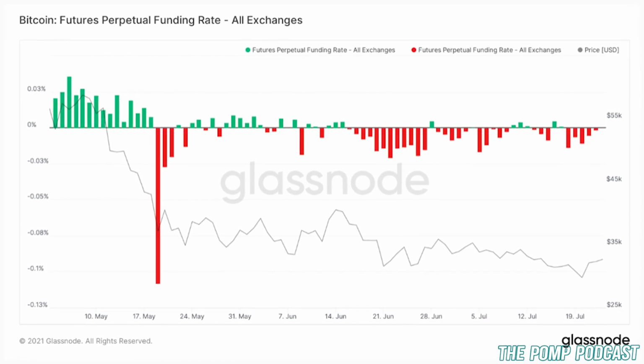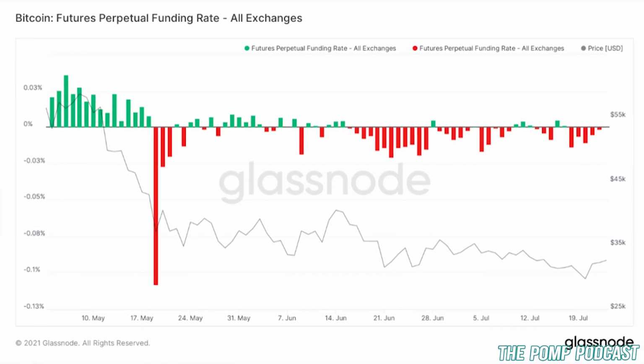The last time that we've had prolonged funding rates like this was after the March 2020 crash, in that reaccumulation phase after that. It's been pretty much completely positive throughout the whole main phase of the bull market up until May. So it's been good to see these negative funding rates, especially over the last 24, 48 hours as we started to rally a little bit.